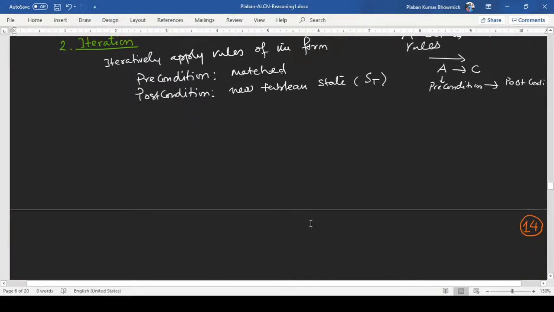So what we will do with this rule set? First, we'll choose our tableau state T from this S. This S is a set of tableau states which we are maintaining, and this T should be clash free and not complete.